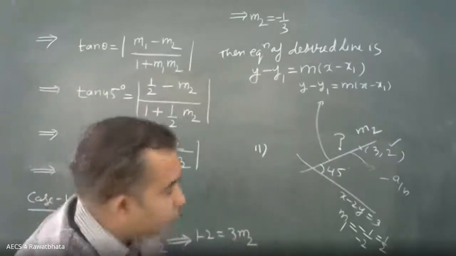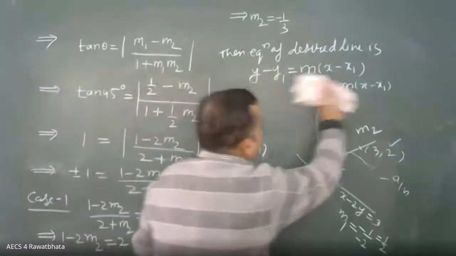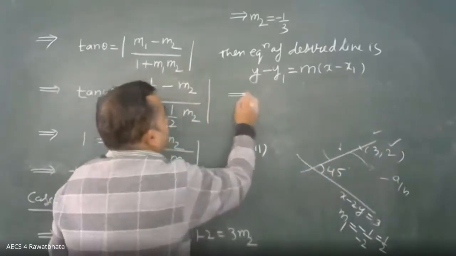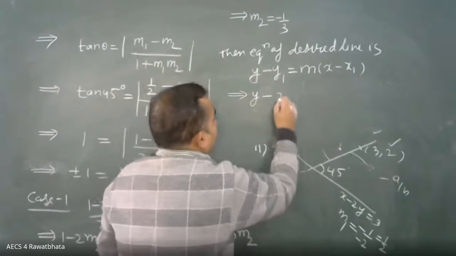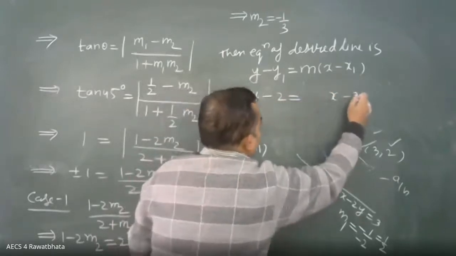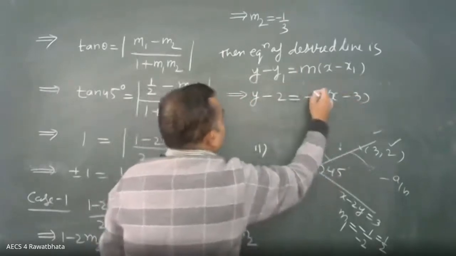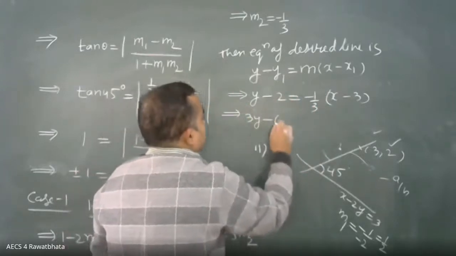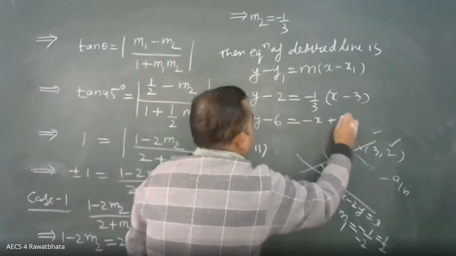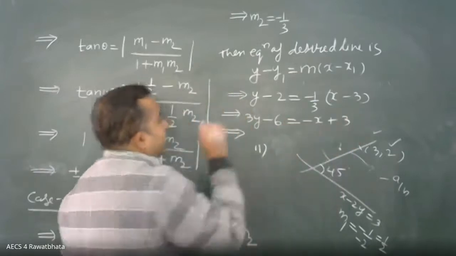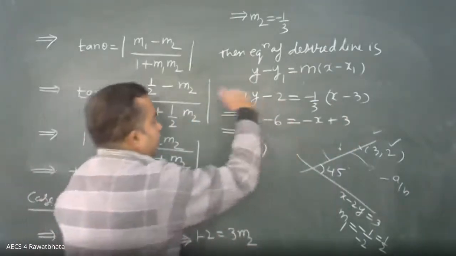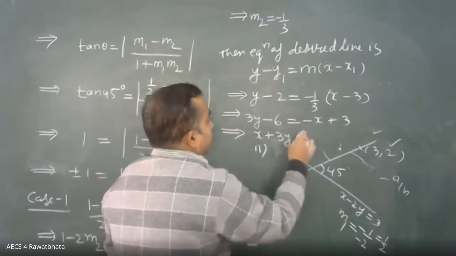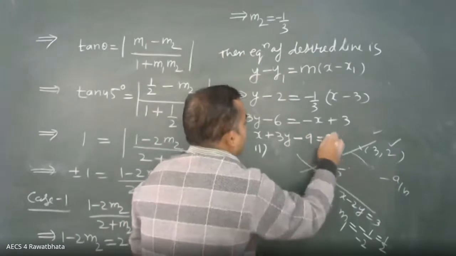So let us substitute 3 comma 2 in place of x1 and y1, and this will become y minus 2 is equal to x minus 3 into m, we have got minus 1 by 3. Simplify, this will become 3y minus 6 equal to minus x plus 3. Take all the things to one side, minus x taking to the left, x plus 3y minus 6 minus 3 will be minus 9 equal to 0.